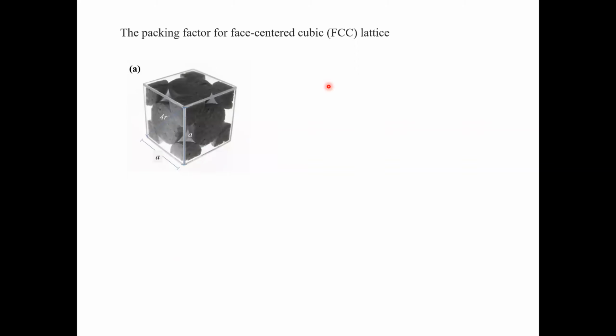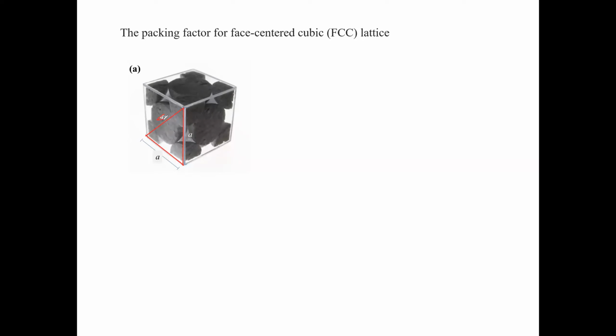Next, packing factor for FCC. Okay, for FCC, we're gonna draw a right angle triangle at the face. So this is the length A. This is the length A. And you see that this is 4R.